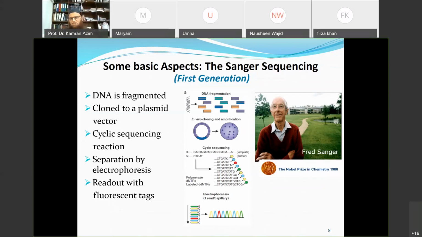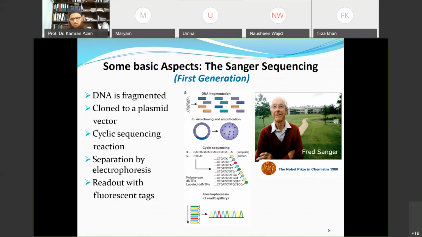So it is better to cleave the longer DNA molecule into smaller pieces. DNA fragmentation is the first step during genome sequencing.